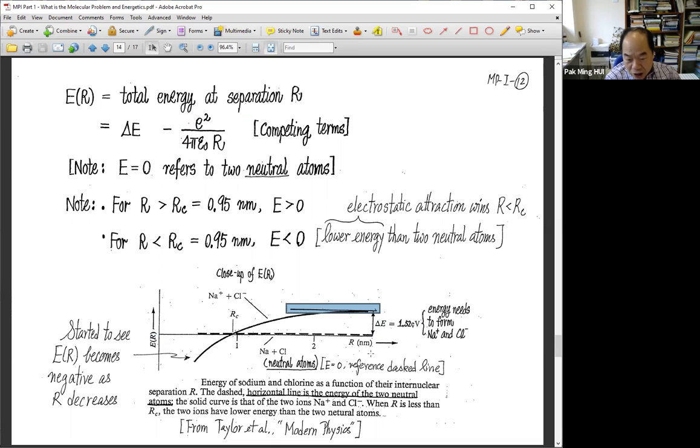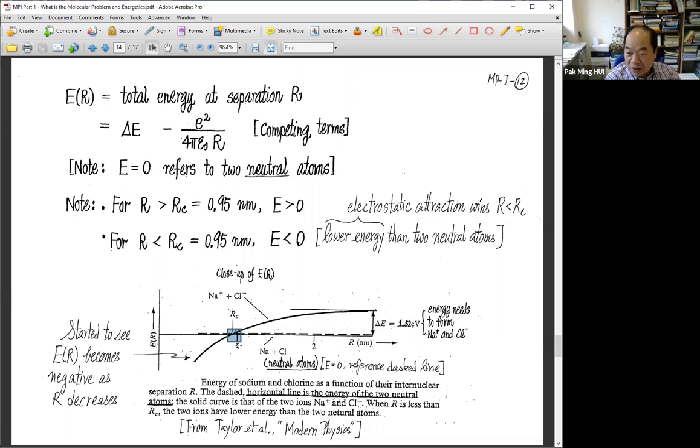That is the energy required to form two ions. Then this horizontal x-axis is the separation. When they are very far apart, there's nothing good about it; the Coulomb attraction does not compensate this. But there is a break-even point.